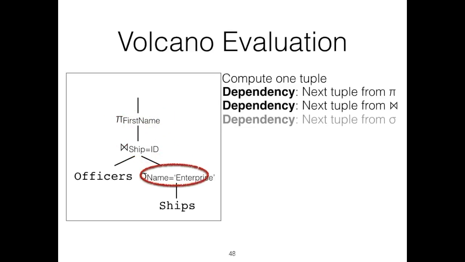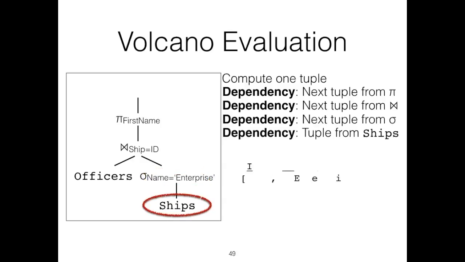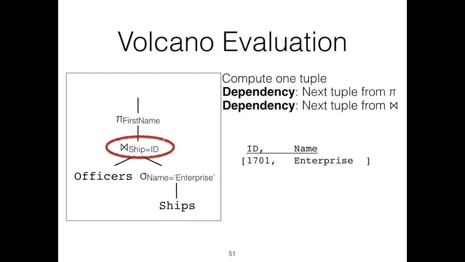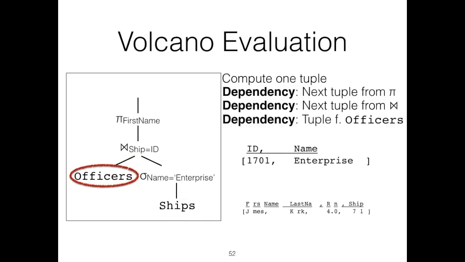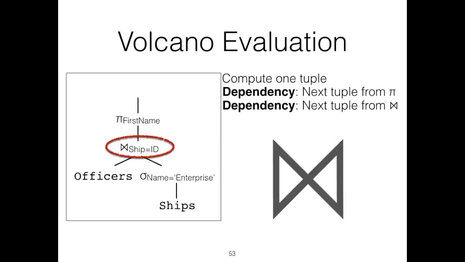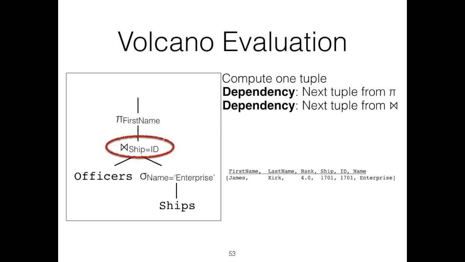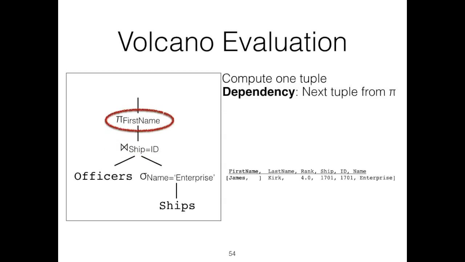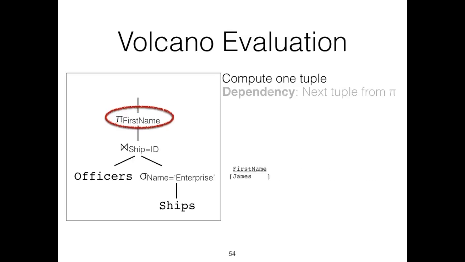The next tuple from the join is going to mean I need to produce one tuple from selection, one tuple from ships. Ships is going to read a value in. That's going to get passed up. And essentially, the whole process is going to look very much similar to what happened in the staged evaluation. The only difference is that here, we're only going to be looking at one tuple at a time.